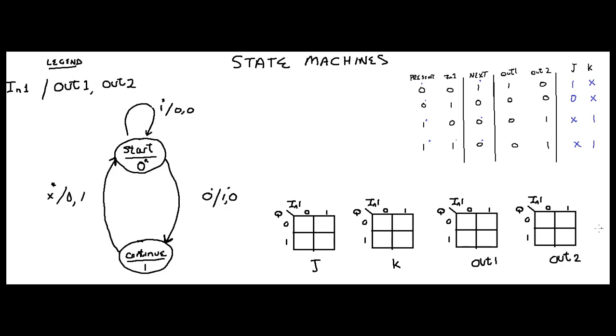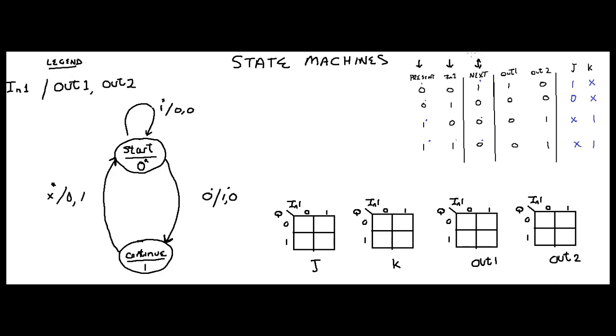All right, everyone. So I drew 4 Karnaugh maps below the state table right here, okay? Now, remember, you had a present state right here, you have your input 1, and you have your next state right here.